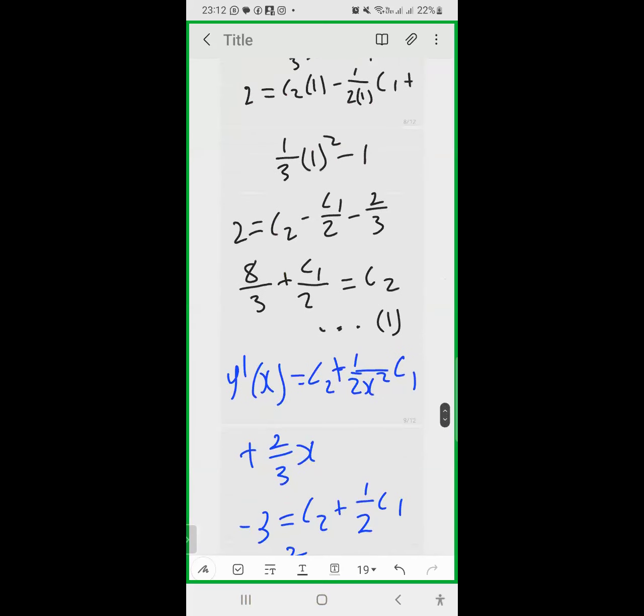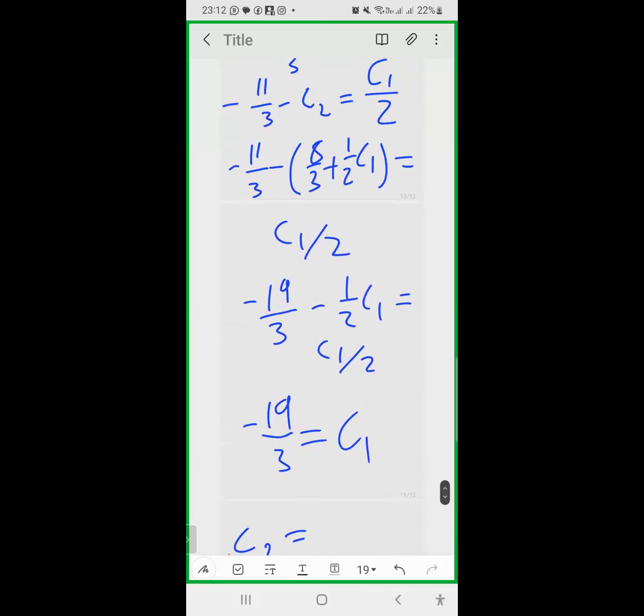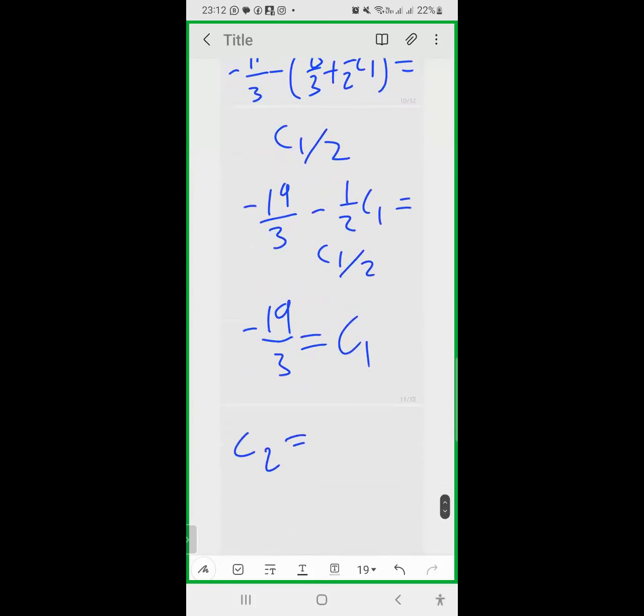Yes, it's 8 over 3 plus 1 over 2 into c1. And I'm getting c2 as minus 1 over 2.